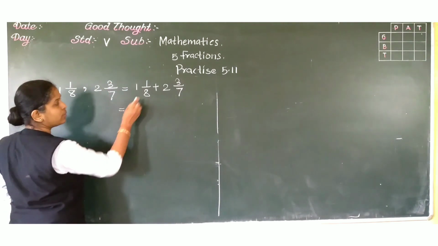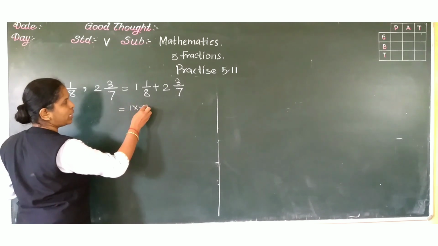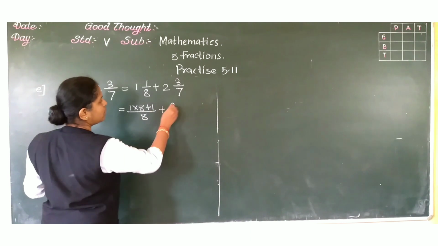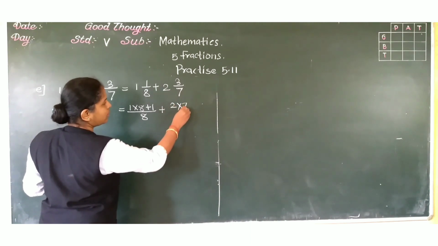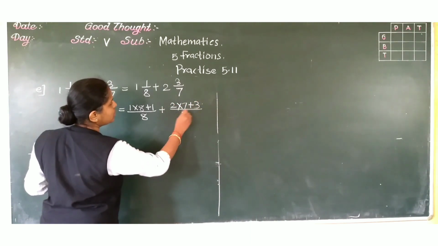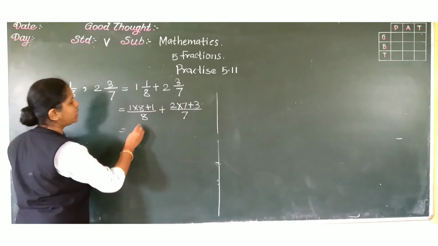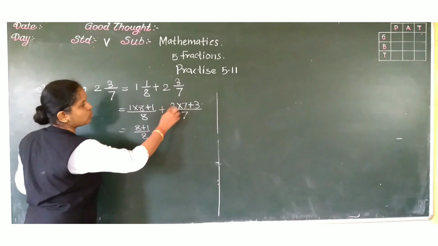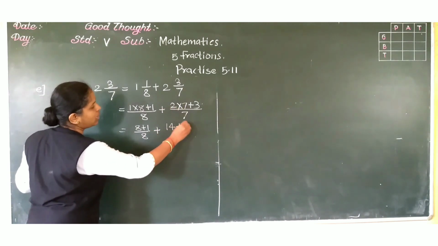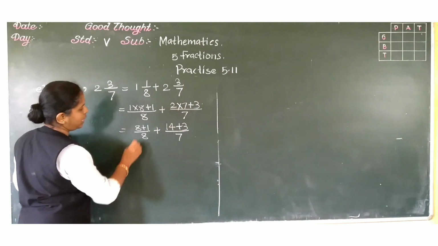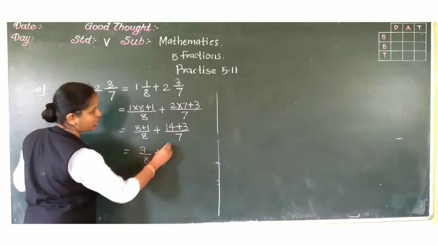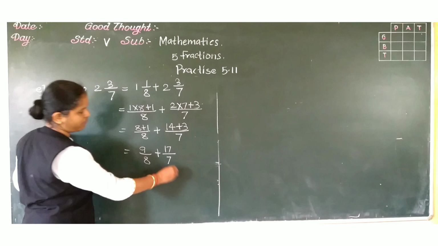Whole part multiply by denominator plus add numerator, upon 8, plus 2 into 7 plus 3 upon 7. Now 8 ones are 8 plus 1 upon 8 plus 2 sevens are 14 plus 3 upon 7. 8 plus 1, 9 upon 8, plus 14 plus 3, 17 upon 7.